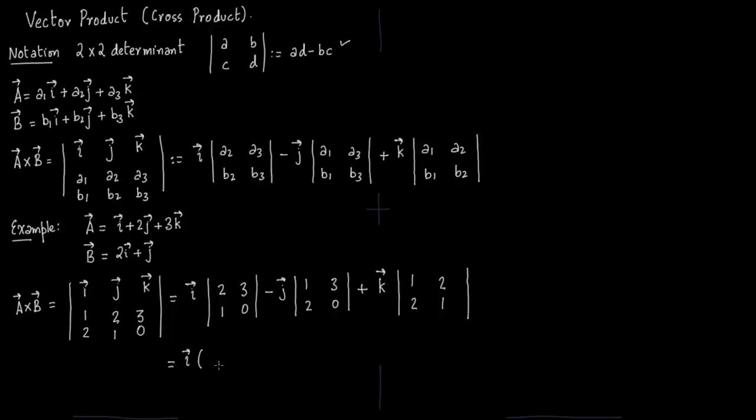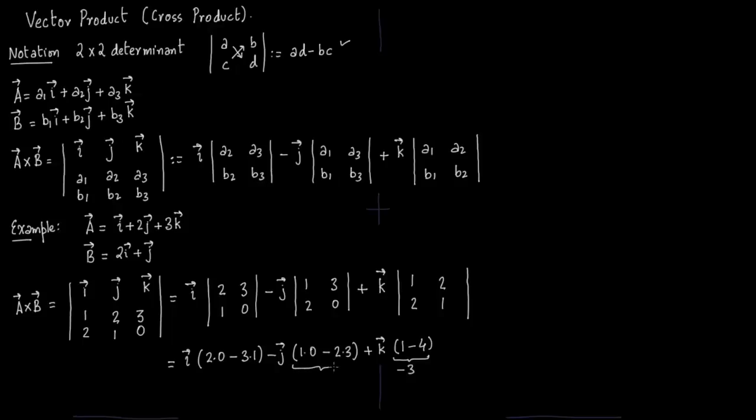So this gives you i vector times 2 times 0 minus 3 times 1. This is the formula AD minus BC. So you have 2 times 0 minus 3 times 1, minus j vector times 1 times 0 minus 2 times 3, plus k vector times 1 times 1 minus 2 times 2, which is 4.